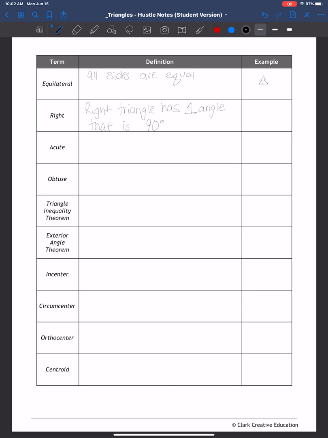An acute triangle has angles that are less than 90 degrees.